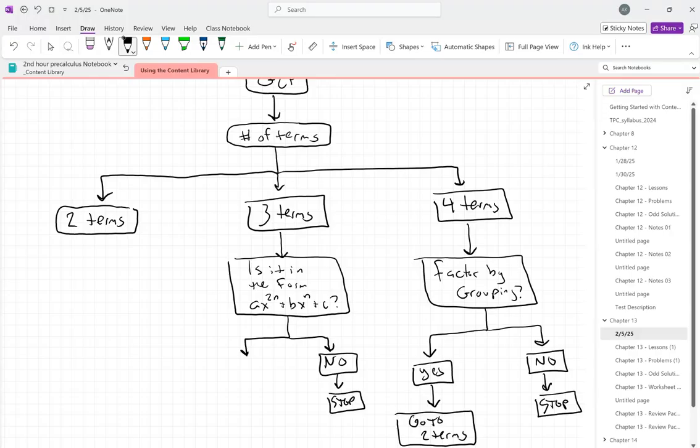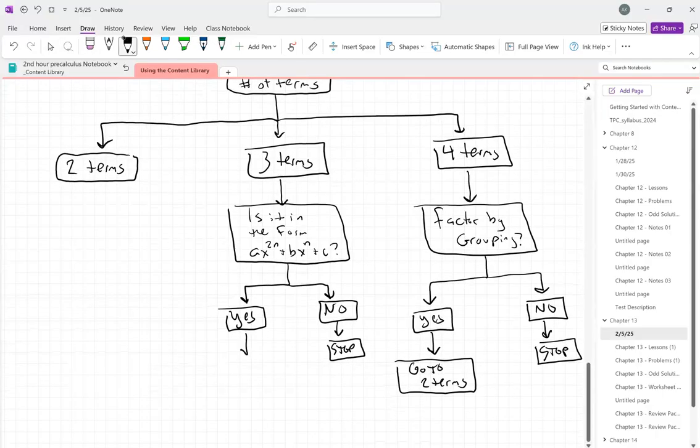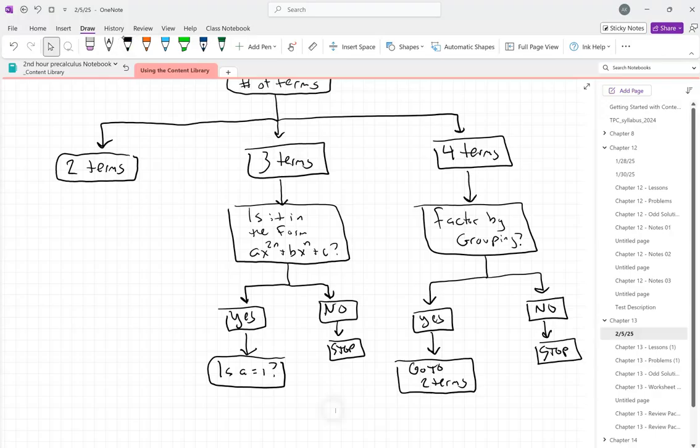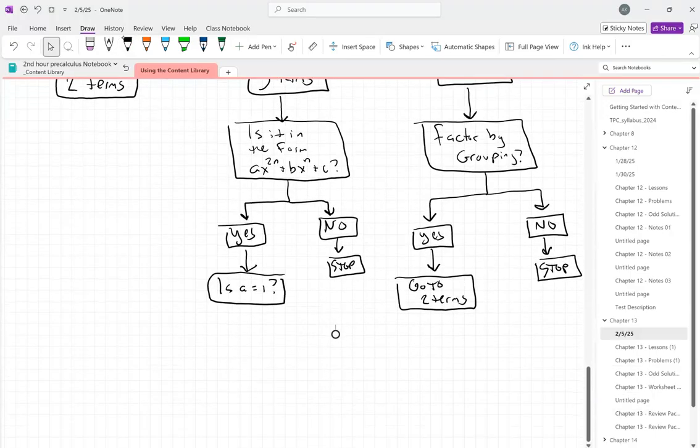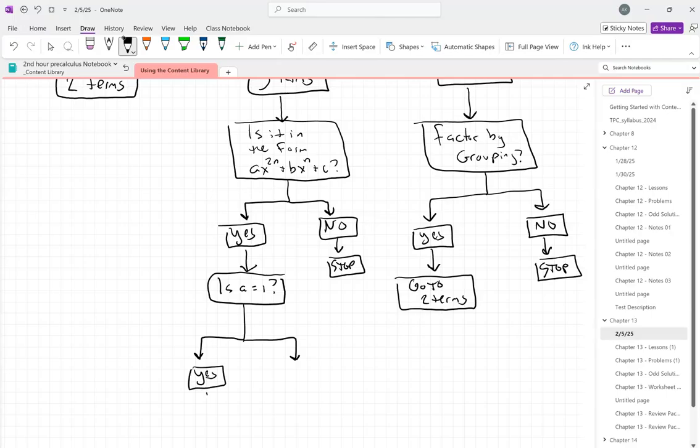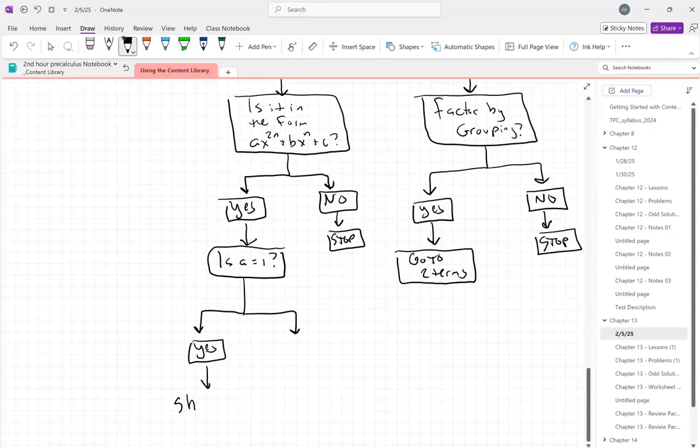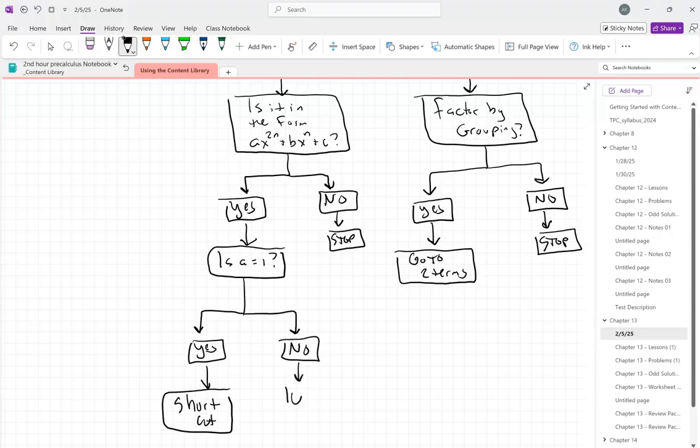There's nothing to do. If it is in that quadratic form, then we need to check to see if the leading coefficient is equal to 1. If the answer is yes, we can do the shortcut. If the answer is no, you have to do the long way. We'll review what those mean in a second.